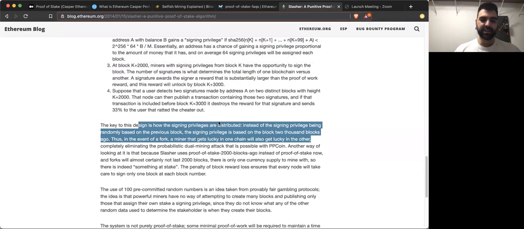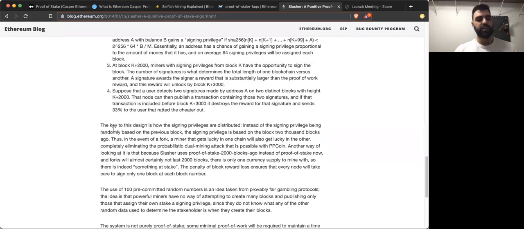The idea is the validators for a given block are determined sometime in the past. So at every block height, the validator for that block height is determined about 2,000 blocks ago.